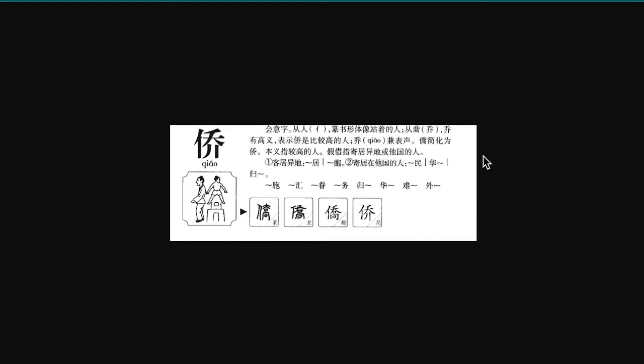And so this is because these people living abroad are far away from their hometown, their homeland, and that's why they use this 桥, which represents 高, to indicate the distance from the homeland, okay. And then the person radical, obviously, indicates this is referring to a person or a person's activity, okay.